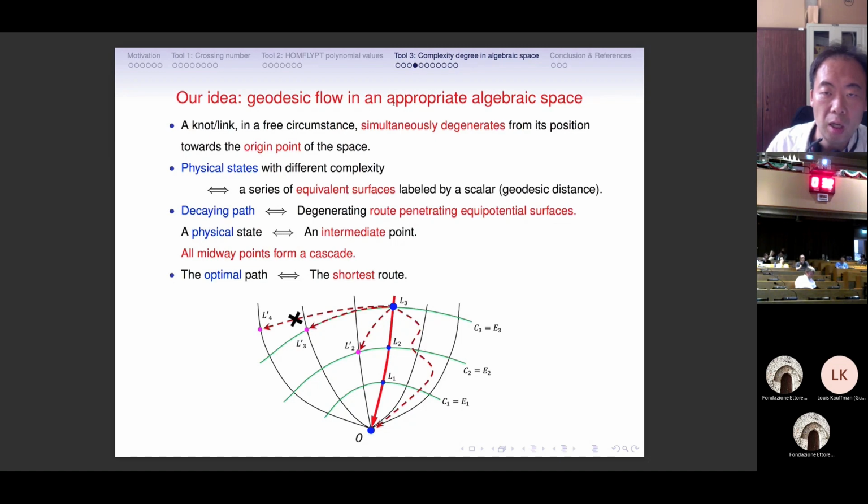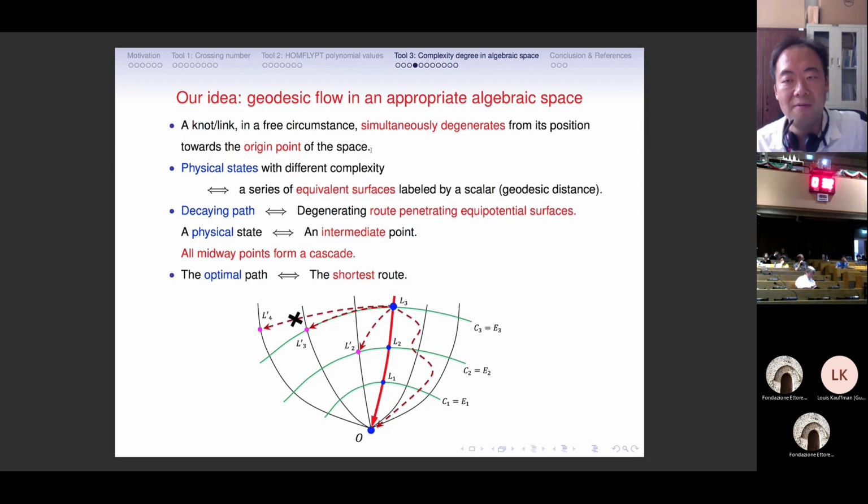Geometric flow in an algebraic space. In our mind, the picture is the following. A link in a free circumstance will degenerate from its position towards the origin of the space.